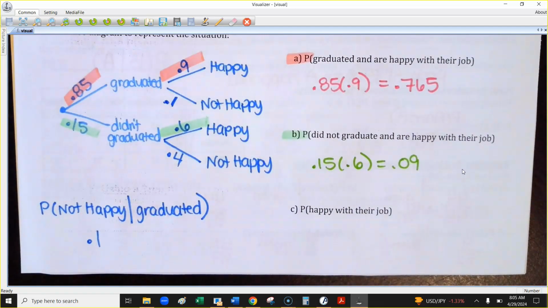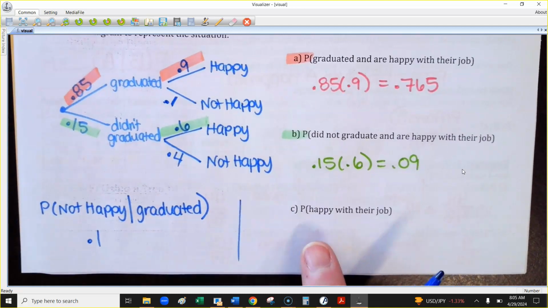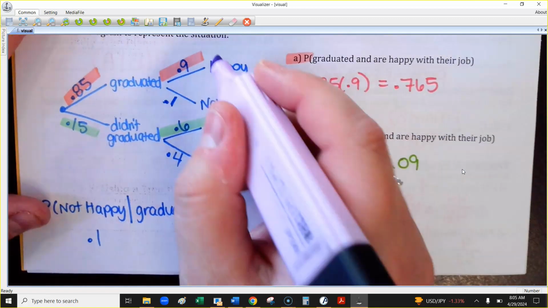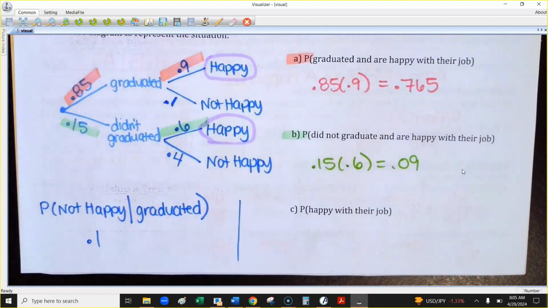You don't have to multiply or calculate anything there. Now, the last one I wanted to give you is a little tricky because this just says, what's the probability they're happy with their job? If you look here, there are two different ways that can happen, because there are two different outcomes that end up with the person being happy.